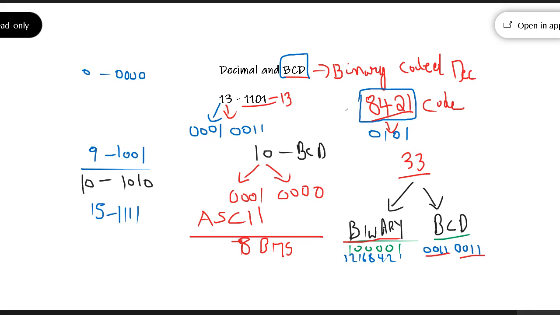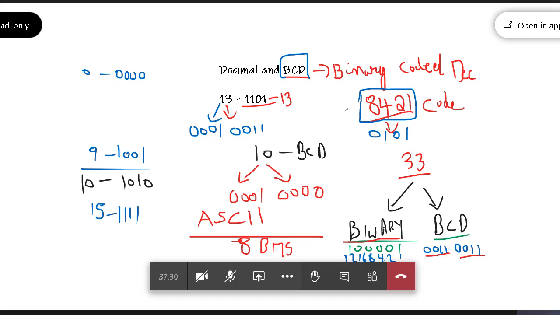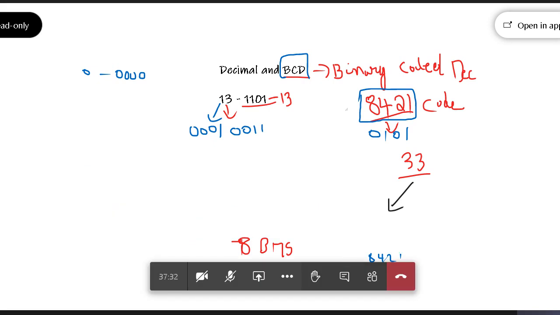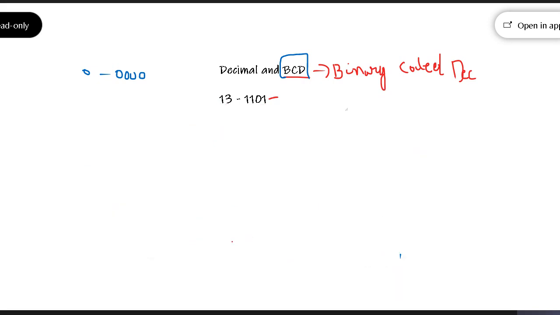Yes, sir. Okay, so imagine I'm adding 2 BCD numbers. How do you represent that? For example, I want to add 2 normal numbers. You know that the decimal value will be in the range of 0 to 9 only.